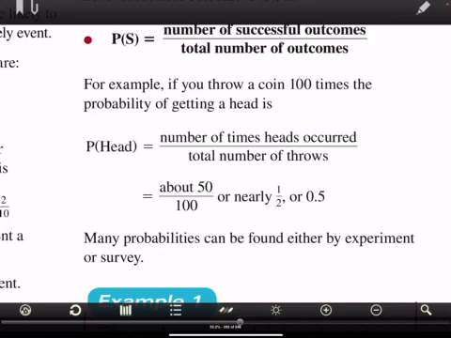Remember, only writing an answer is also incorrect. What is the probability of throwing a 6?